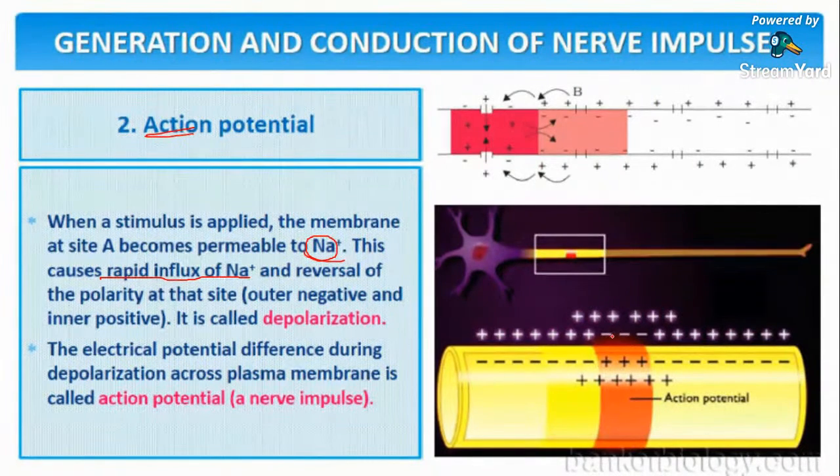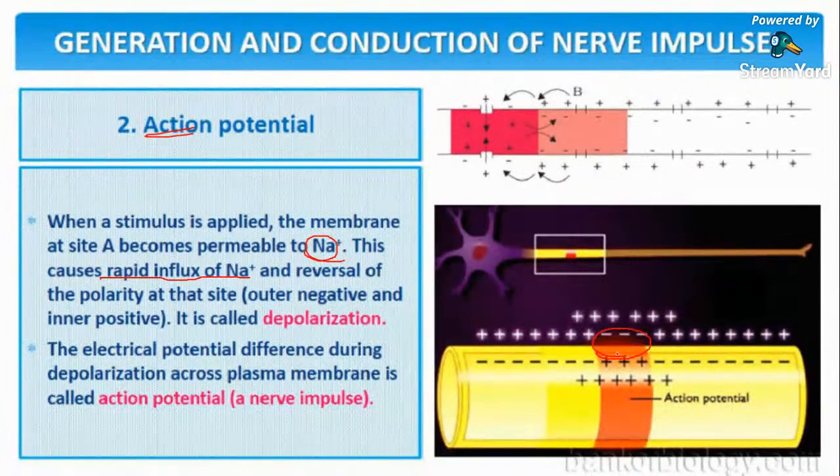So guys, at this particular point, when the potential difference arises, there is a rapid influx of sodium ions towards the inside of the axon membrane. Just look at the number of sodium ions. At the resting membrane stage, the sodium ion number was very high outside the axon.